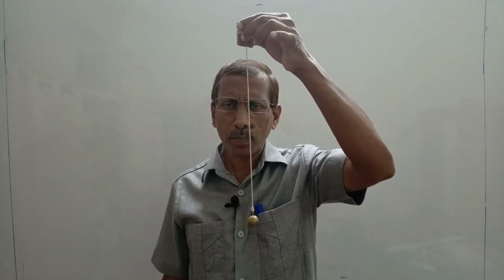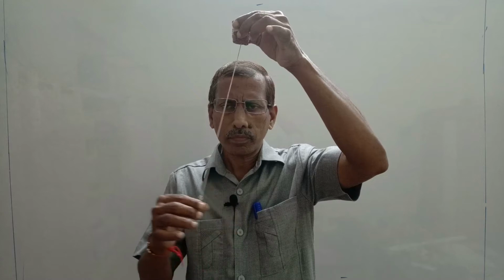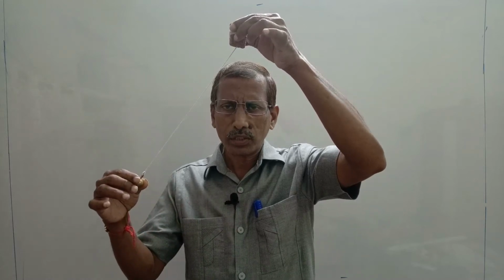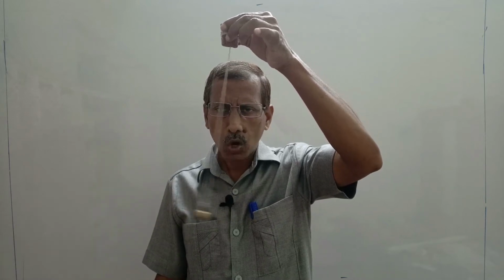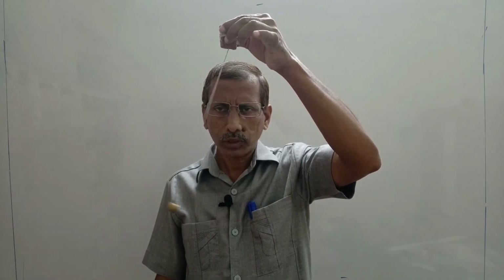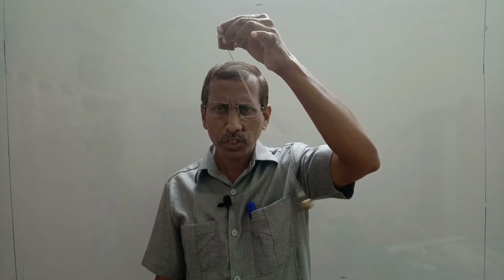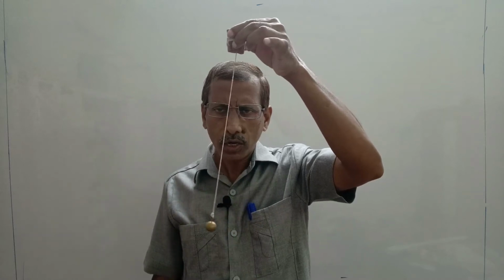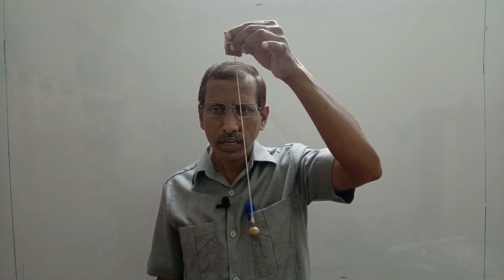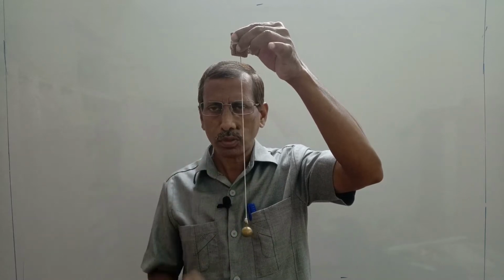After that we studied damped harmonic oscillations. When we consider the example of a simple pendulum, and it is displaced from its mean position and released, the bob performs oscillatory motion. Our practical experience is that the amplitude of oscillation goes on decreasing and finally the oscillation stops.